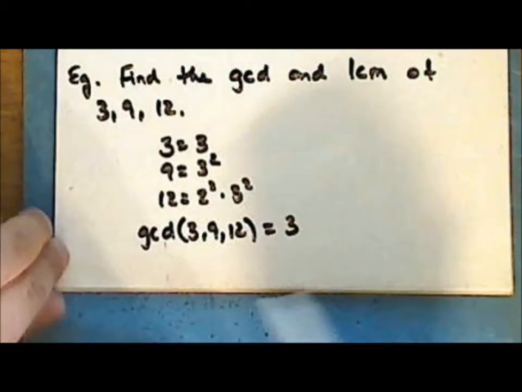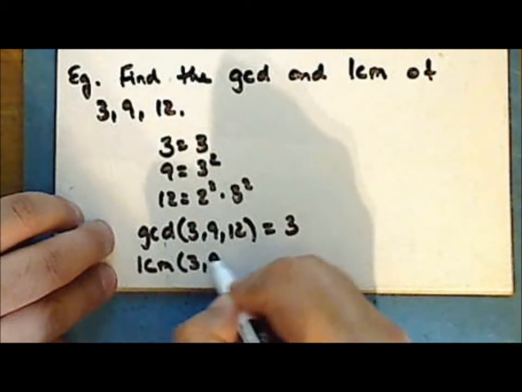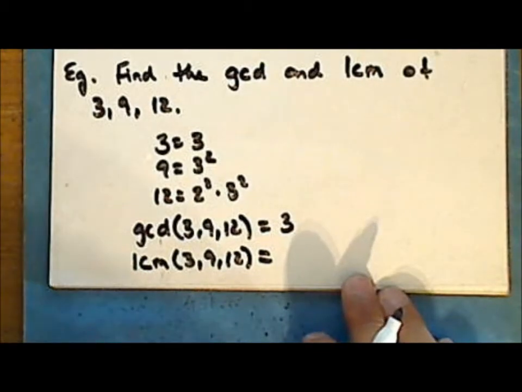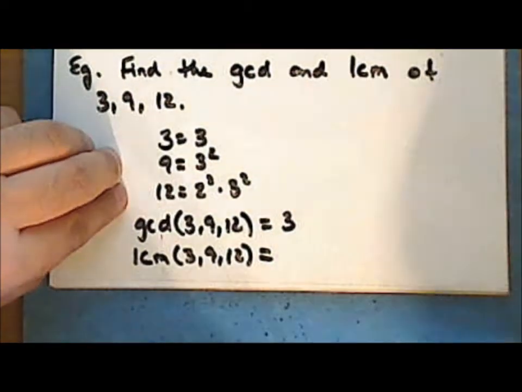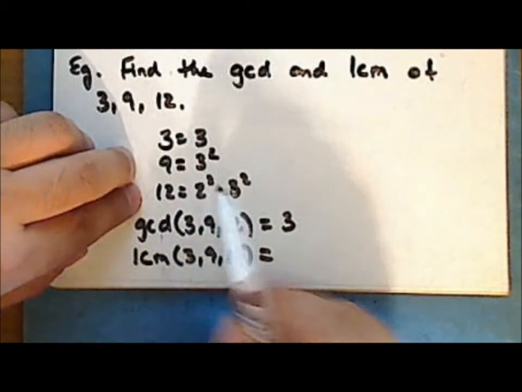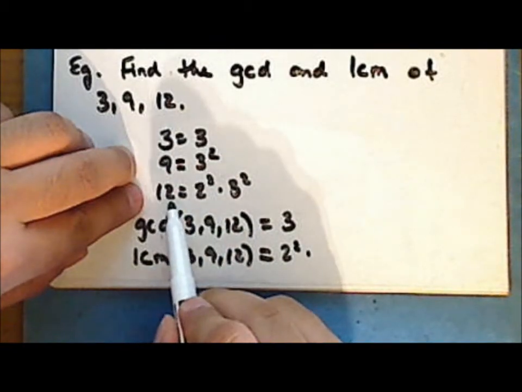Now, the least common multiple of 3, 9, and 12 is the smallest integer that is a multiple of 3, 9, and 12. And so it has to be a multiple of 2 squared, since that is one of the factors of 12.